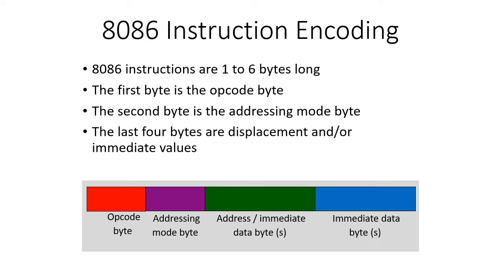Hence, these respective fields can be 1 or 2 bytes long depending on the length of the address, displacement value, or immediate data value that is required by the instruction. When there's no address value in the instruction, the immediate data value immediately follows after the addressing mode byte.